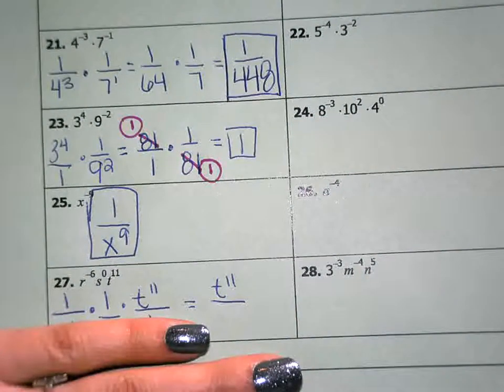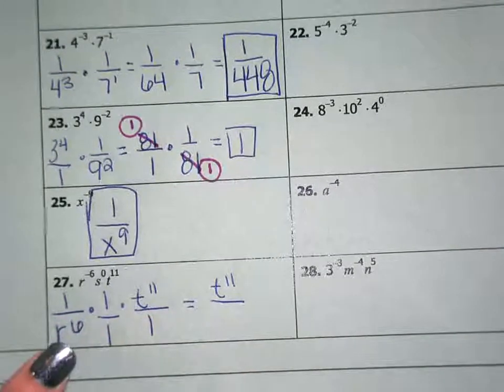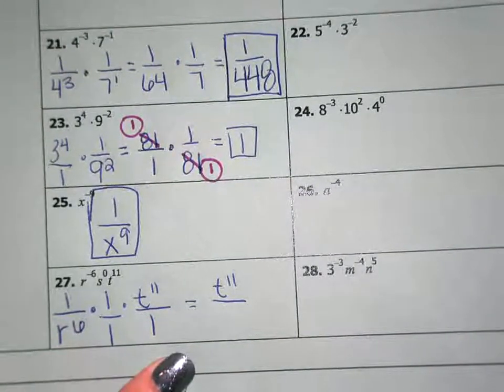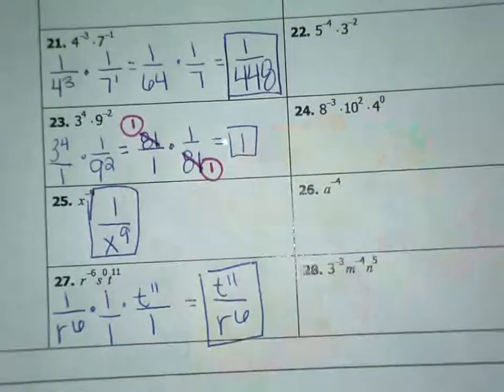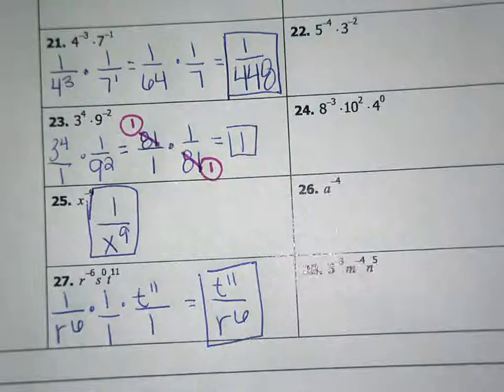Because there's always a 1 in front of every variable. That's one of those other invisible math rules. And then what's r to the 6th times 1 times 1? R to the 6th. And that right there would be your answer. You can't go any further. Questions?